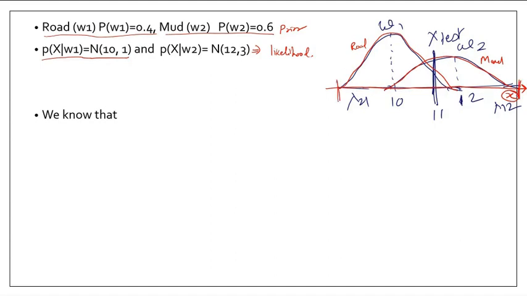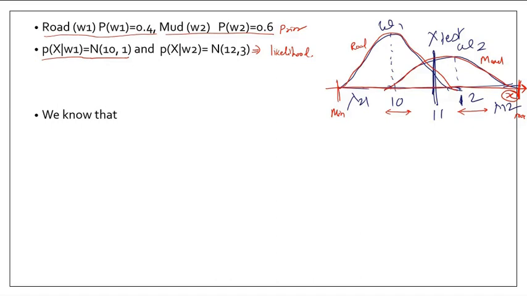It depends on the surface of your traveling. If you are traveling on road, it is in the range of 10, that is mean value is 10. And when you travel through mud, it is of the order of 12, or mean value is 12.